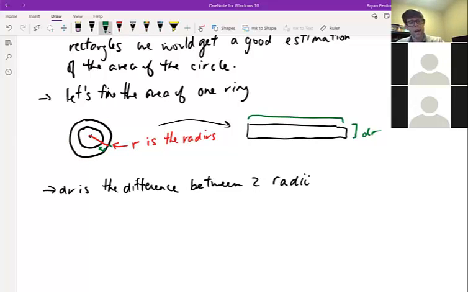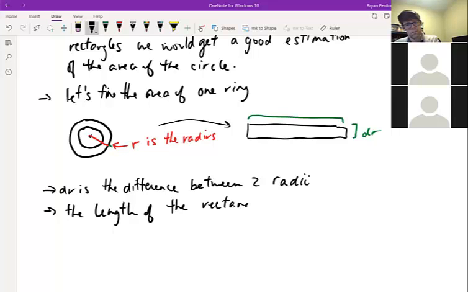So how do I get at the measurement that goes all the way around the circle like that? Do you guys know what that is called? Yeah, exactly. We call that the circumference of the circle.